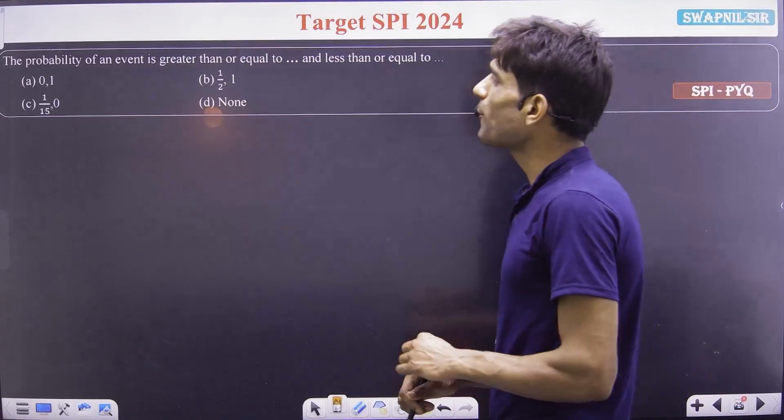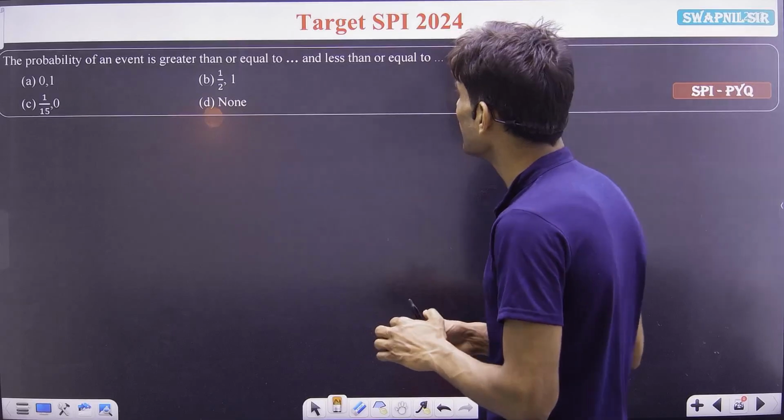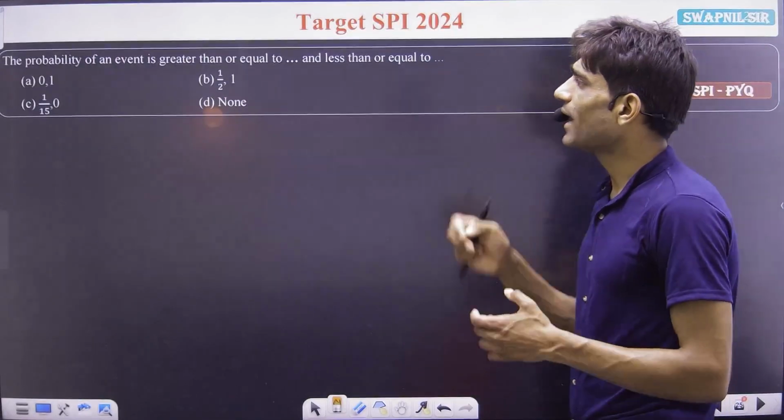The probability of an event is greater than or equal to, and less than or equal to.